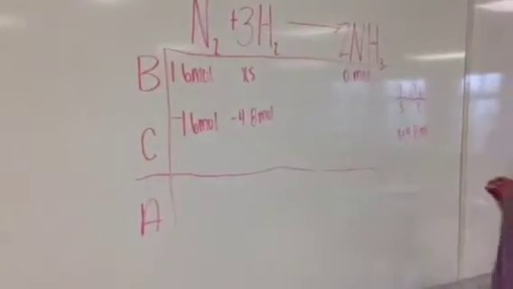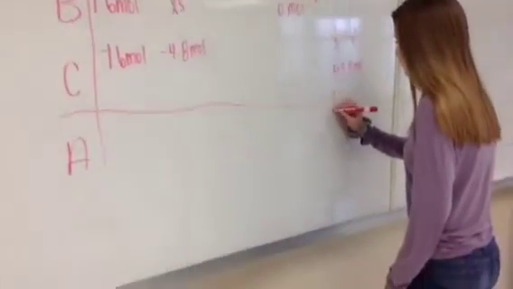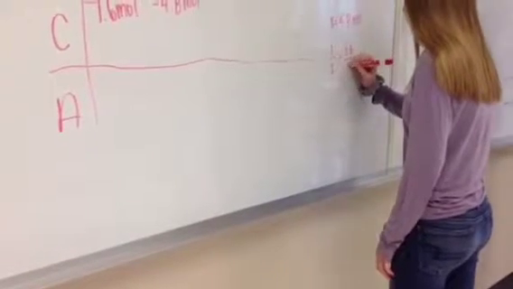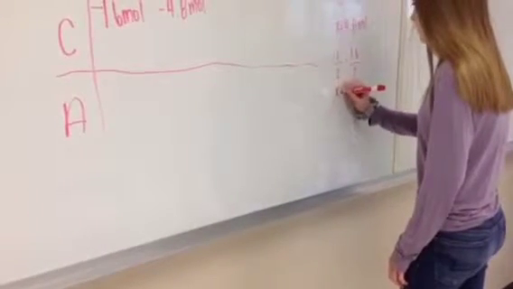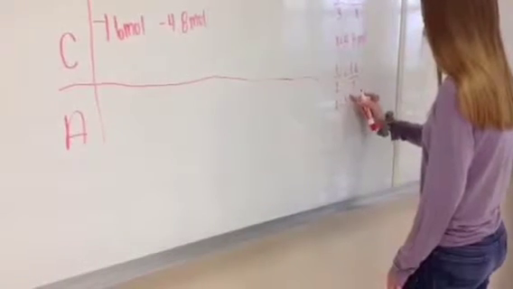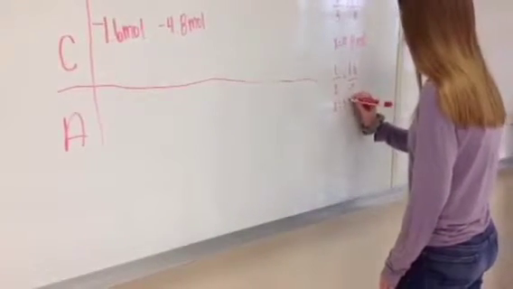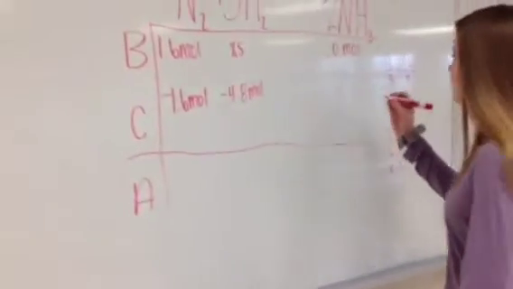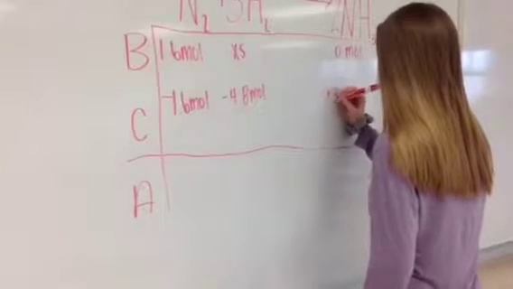Once we have that done, we'll move on to what we add to 0 moles of 2 NH3s. We'll set up a 1:2 ratio equaling 1.6 over X, doing cross multiplication to get 3.2 moles to add to 0 moles of 2 NH3s.